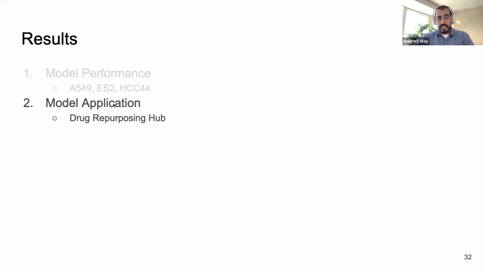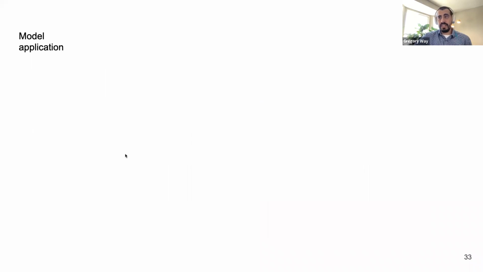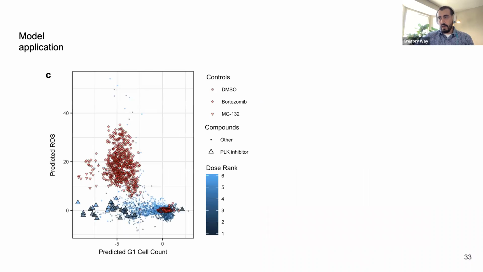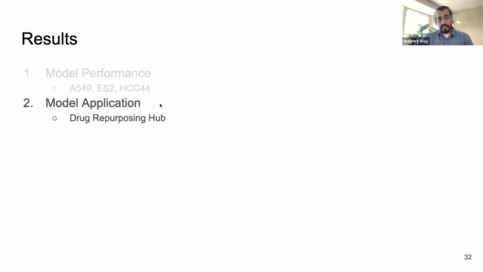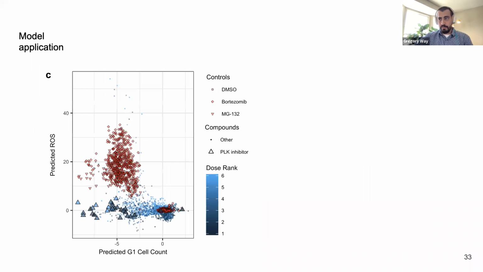What was really exciting to us about this type of approach is that now that we have these models, we can use transfer learning to apply these models to different legacy Cell Painting data sets. So we actually applied it to the same data set that I talked about in the previous section, the perturbations from the Drug Repurposing Hub.